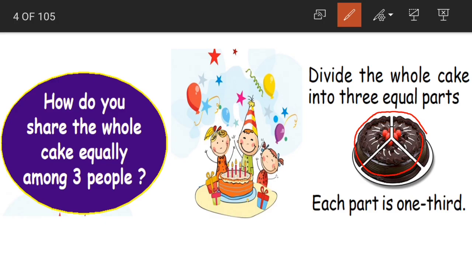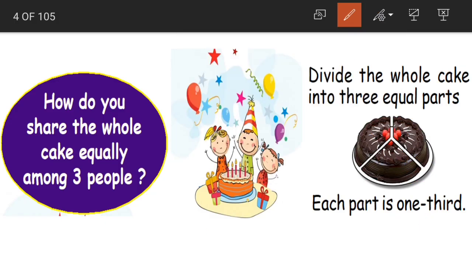We made 3 parts, 1, 2 and 3. And how many will each person get? Each person will get only one part out of the 3 parts. So we call that 1/3. We get only one of the 3 parts, so it is called 1/3.